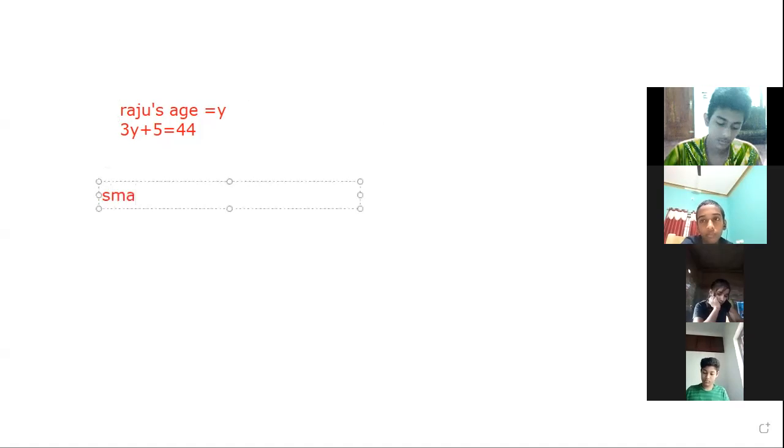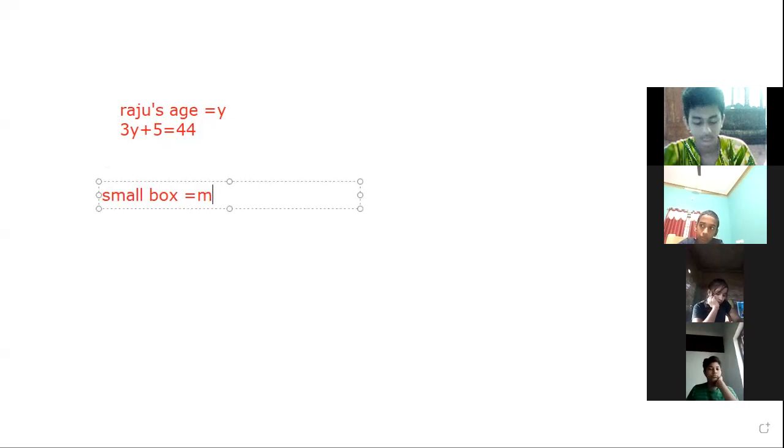This is the unknown here. We have chosen the variable m here. And a large box contains 4 more than 8 times m. In a small box there are m mangoes, and we know that in a large box there are 8 small boxes and 4 loose mangoes.